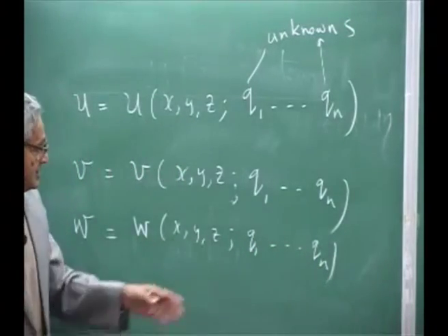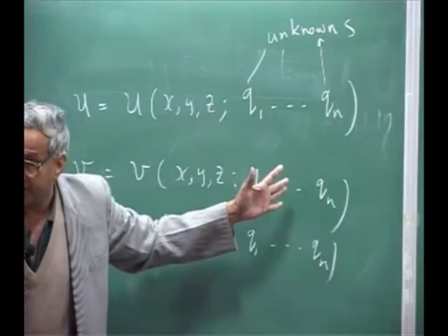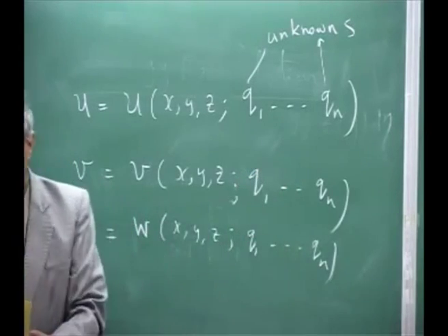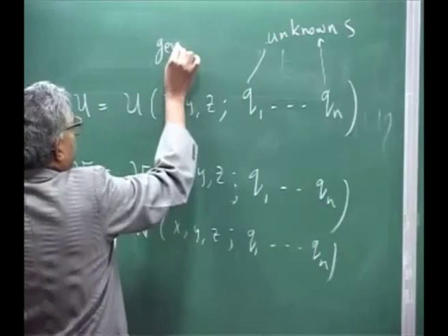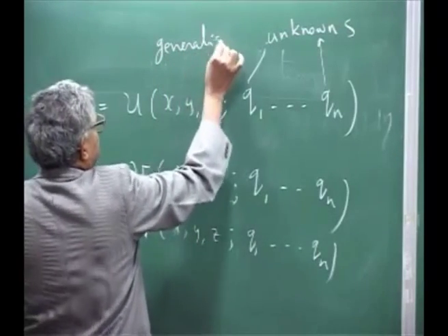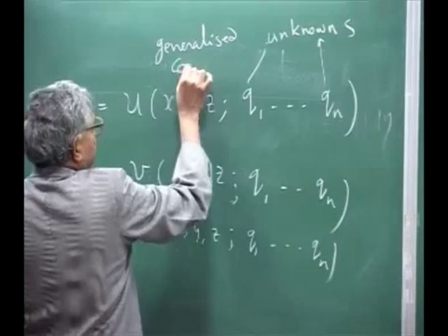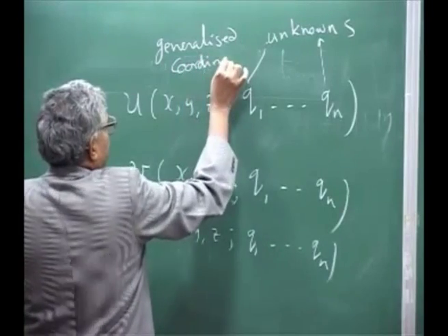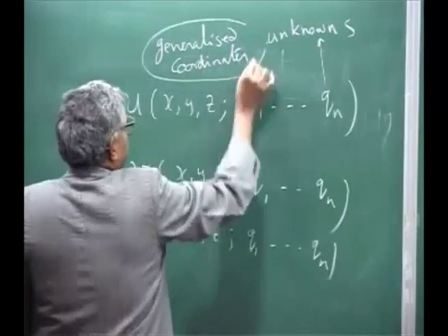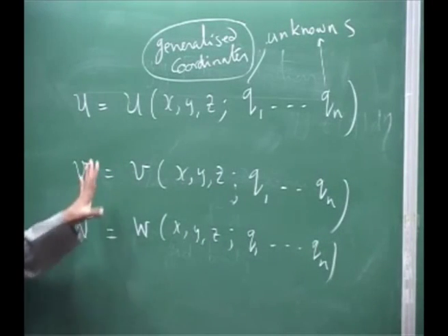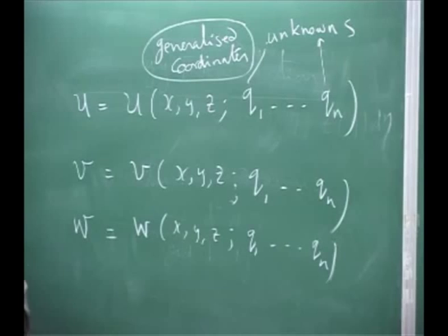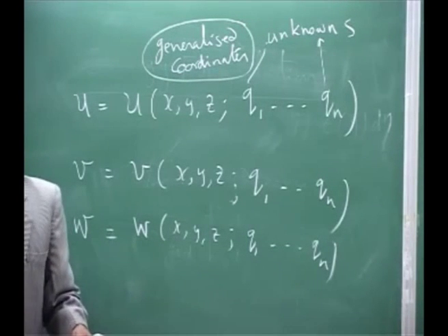Okay, these are the unknowns, these are the generalized coordinates, you may call it by any name. This is the actual displacement, I am representing it like this. Now what is the virtual work done?